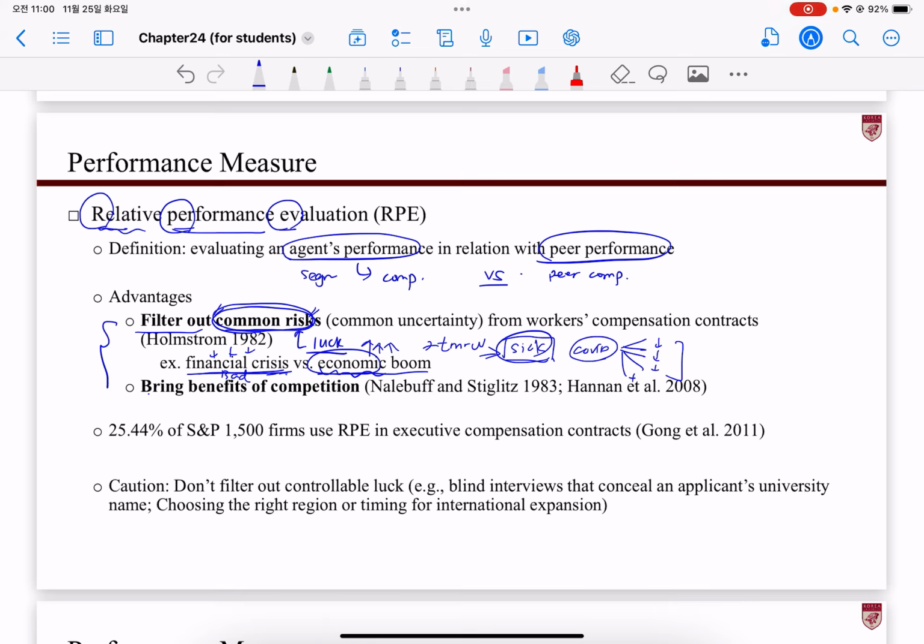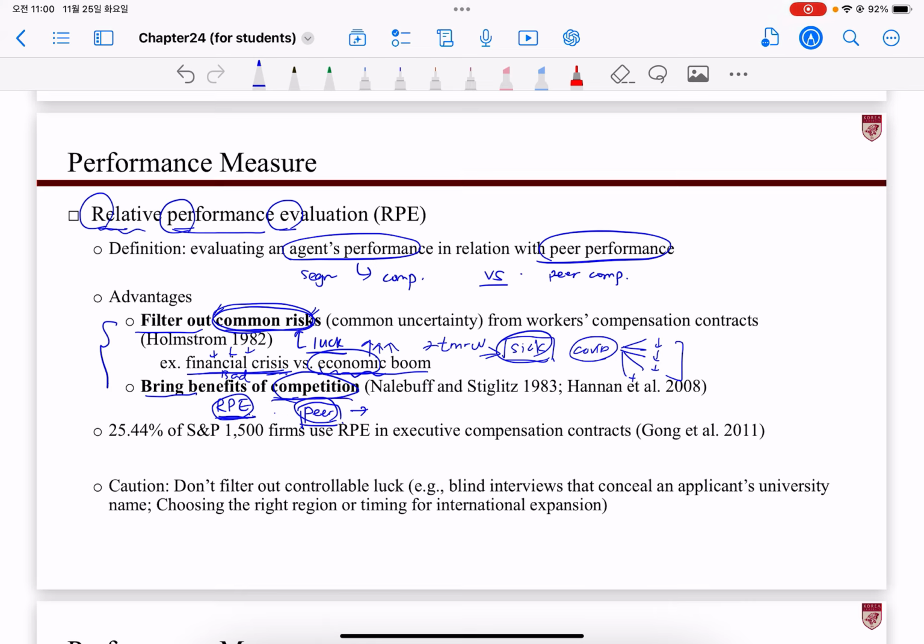Another good thing is that it can bring benefits of competition, right? Let's say the executive is paid based on the RPE, meaning that your performance will be evaluated against your peers, then the natural incentive for your executive is that you want to do really well compared to your peers, right?